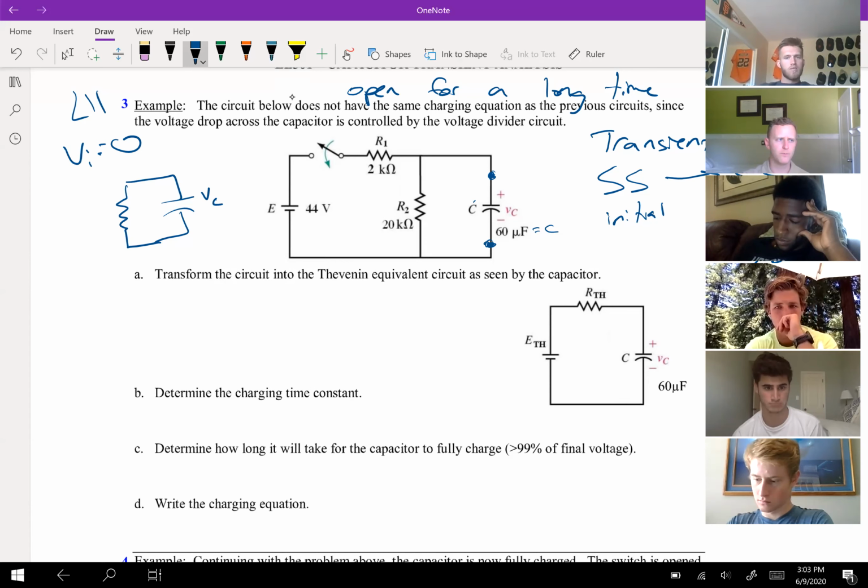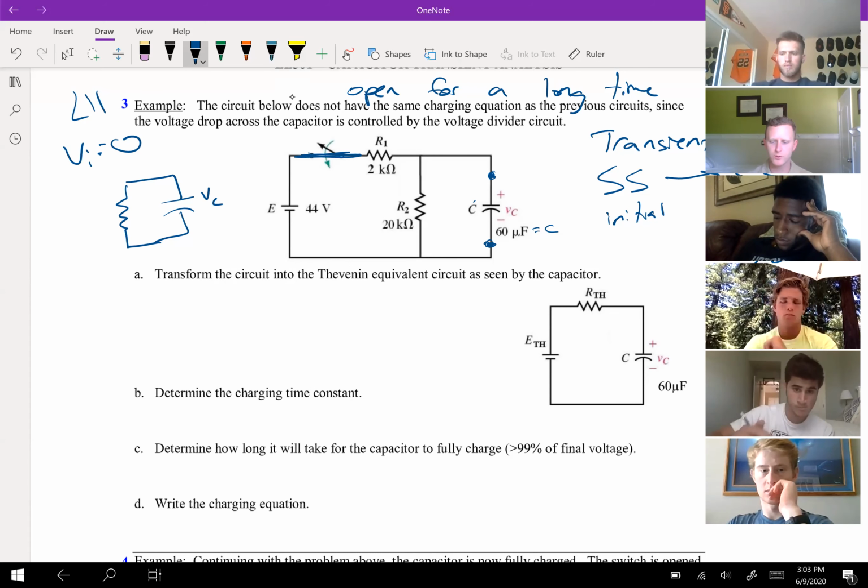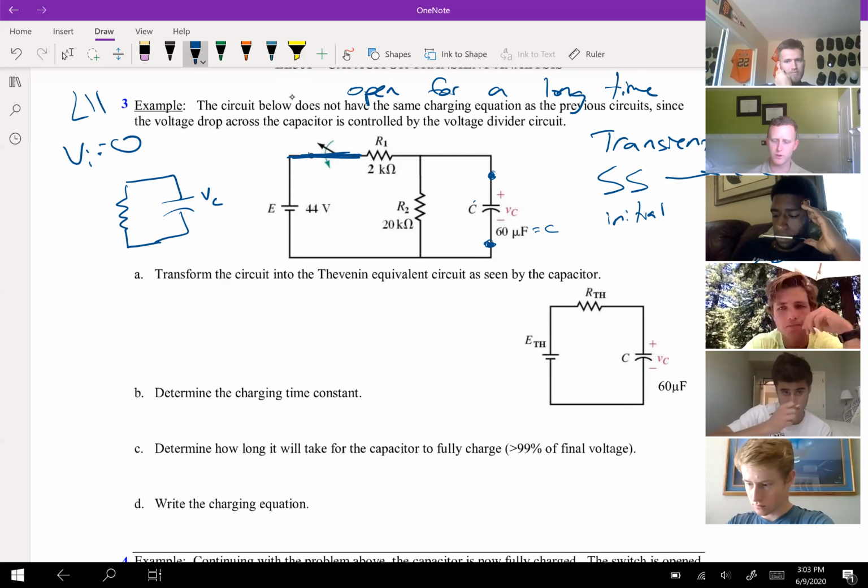Nope. Okay. So then what we're going to look at now is whenever it is plugged in, this is closed. And as soon as it's closed, it starts charging inside of this capacitor. So we're going to take this equation. It says write the charging equation.